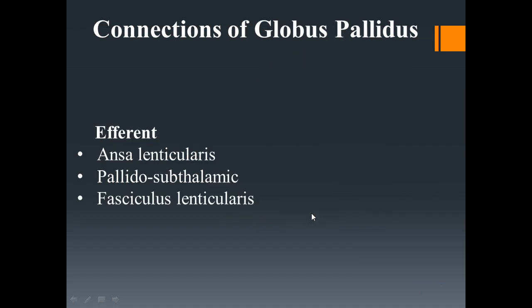The efferent fibers extend from the globus pallidus to the thalamus and subthalamus. There are three efferent fibers: the ansa lenticularis, the pallidosubthalamic fibers, and the fasciculus lenticularis.